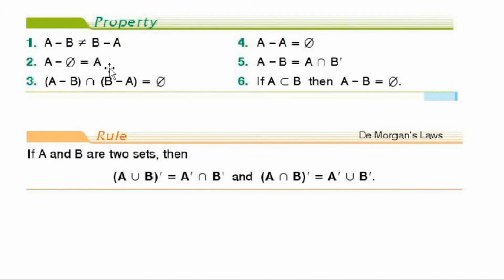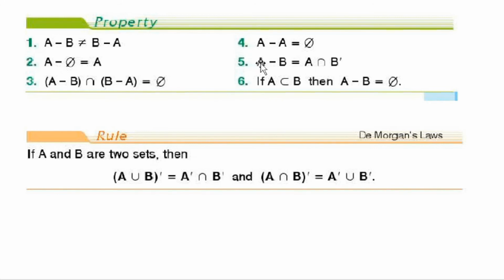So here, let's discuss the properties. This must be written above, but I forgot to do it. But anyway, we have the properties of difference. Number 1, A difference B is not equal to B difference A. Okay, take note of that. Number 2, A difference empty set is equal to A. Number 3, the quantity of A difference B intersection B difference A is empty.